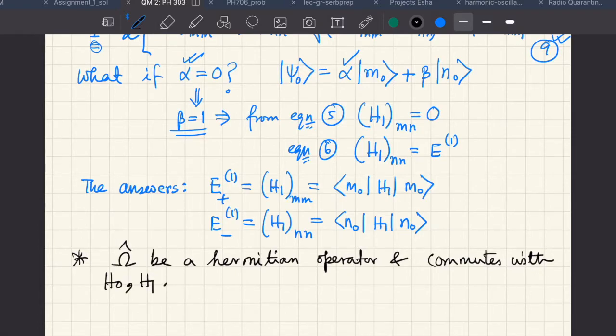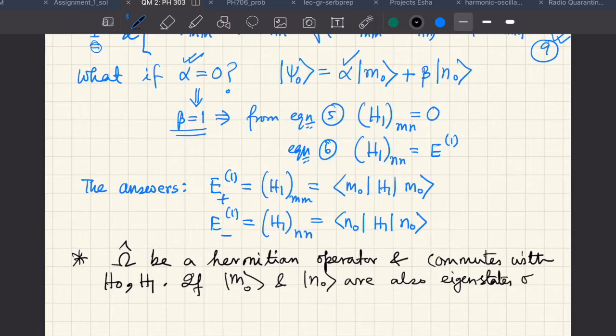Now, if m naught and n naught, which are the degenerate eigenstates of H naught, are also eigenstates of this operator omega with distinct eigenvalues, they cannot be the same. The eigenvalues must be different.